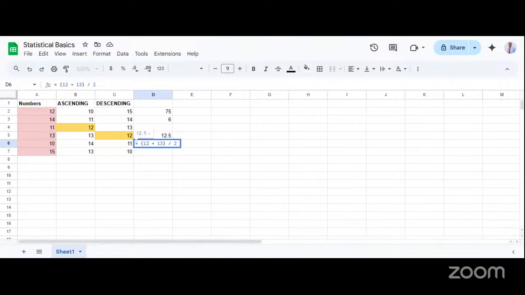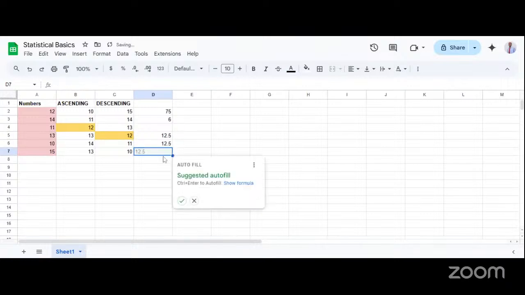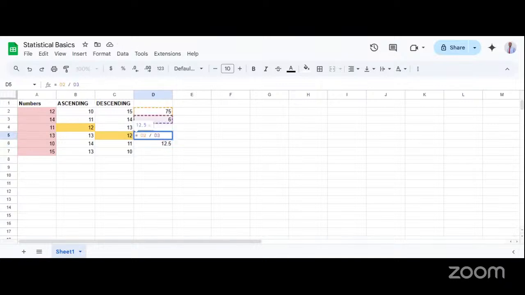So that's two values. If we calculate it now, you notice that we now have the same mean we had again when we use the mean formula to calculate the average.